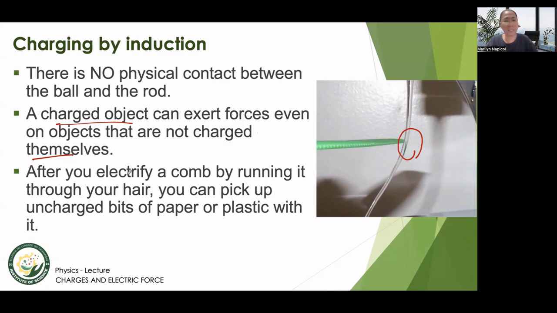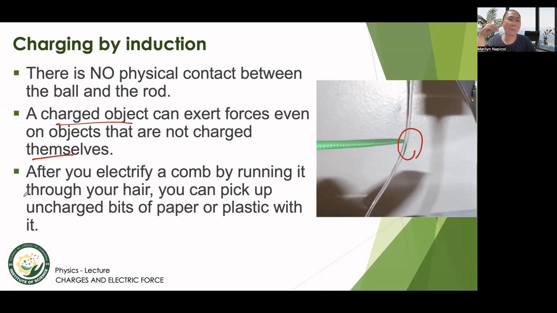Okay, so after you electrify a comb by running it through your hair, you can also pick up uncharged bits of paper or plastic with it. Yung mapapansin nyo yun kapag halimbawa nagsusuklay kayo, diba, kahit for example yung balakubak, hindi naman siya charged pero dahil yung suklay natin, paulit-ulit natin siyang nirarub against our hair, nagkakaroon siya ng charge.